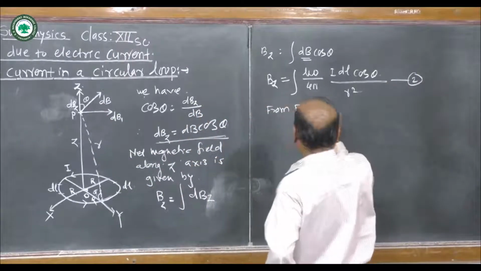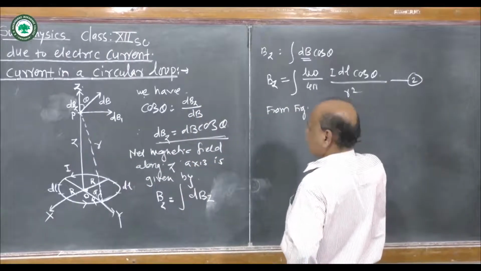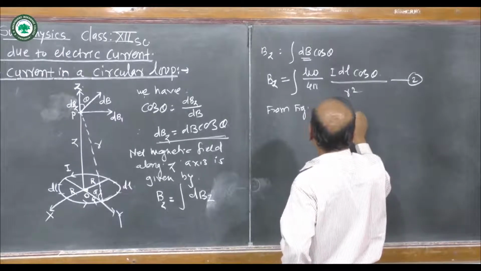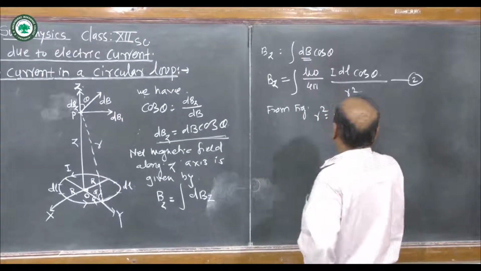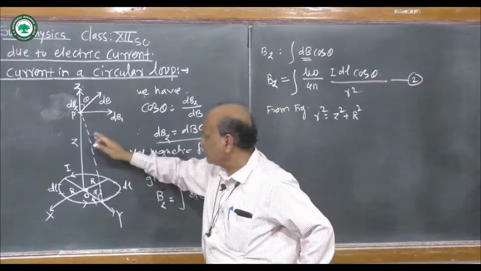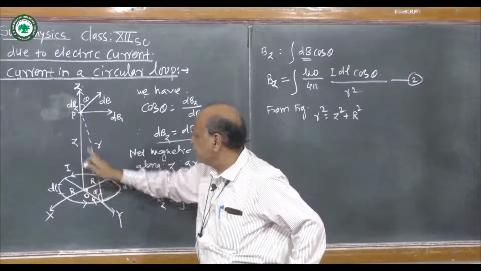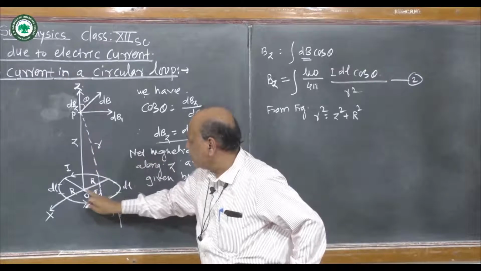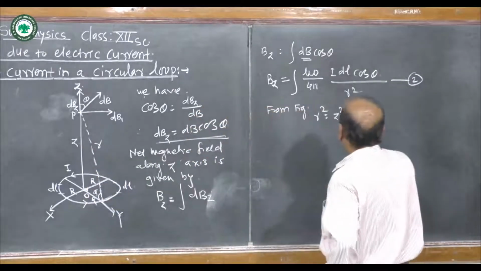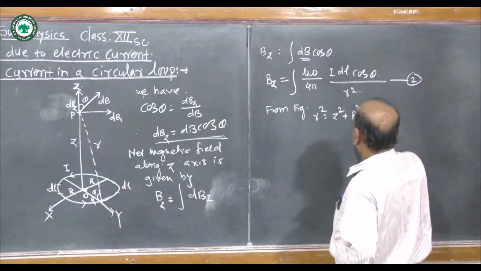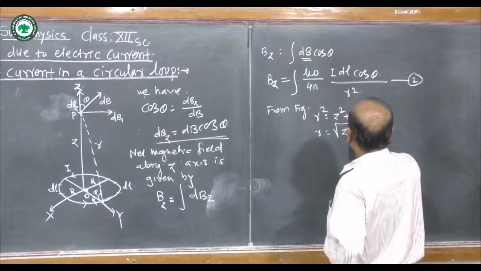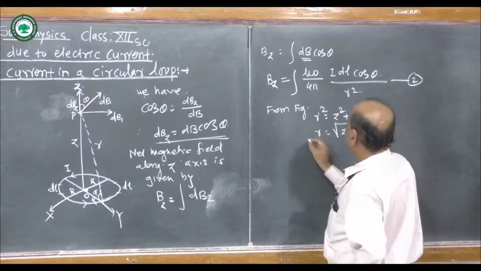According to the Pythagoras theorem, r square is equal to z square plus capital R square, that is, this distance z squared plus this radius R squared. And now the value of r is equal to the square root of z square plus R square.